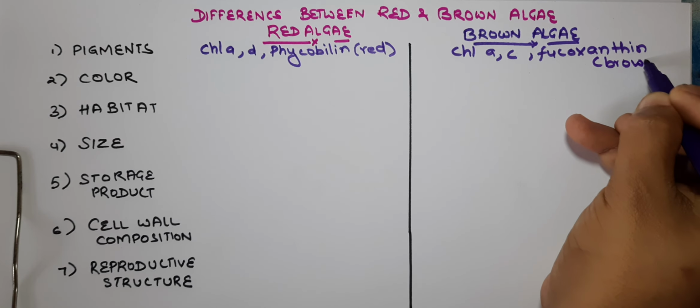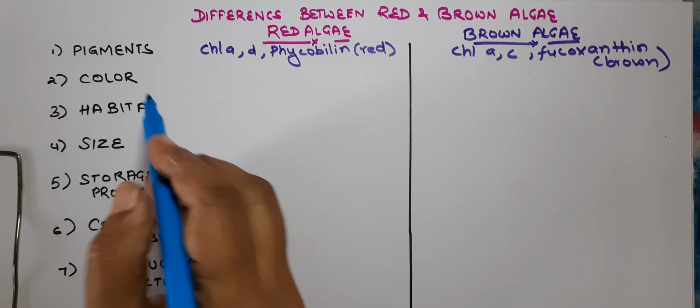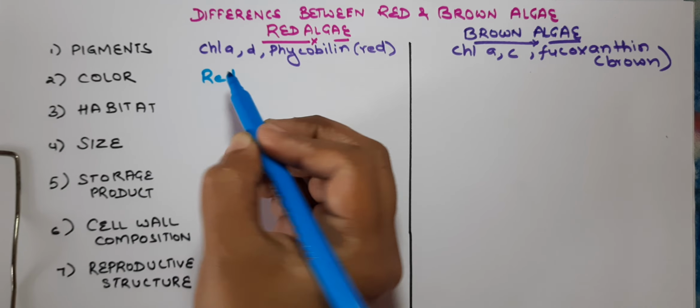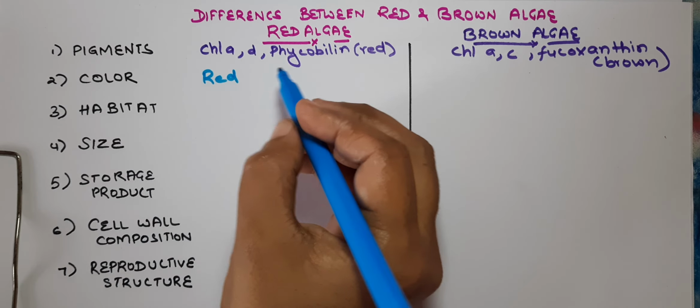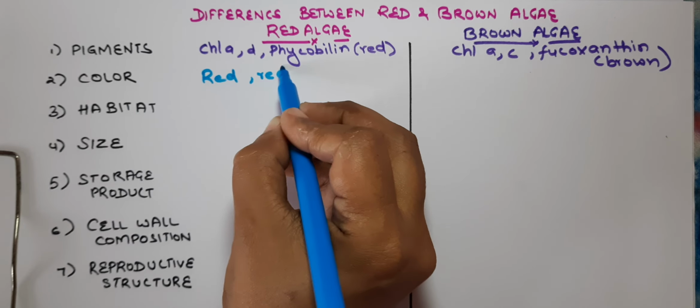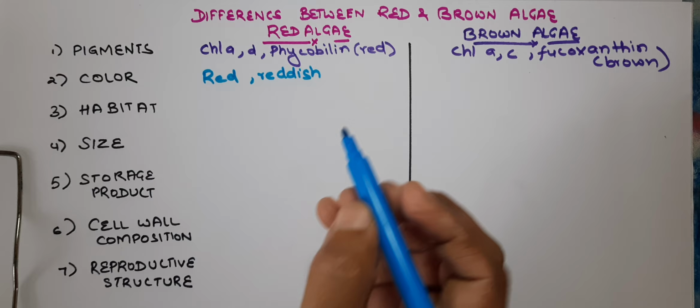Okay, so the difference between the red and brown algae in the color is due to the presence of phycobilin in the red algae and the fucoxanthin in the brown algae. Okay, and as I already told you, if we talk about the color, then typically they are red or reddish in color. Okay, and sometimes they are also purple, reddish purple, if there is the presence of phycoerythrin.